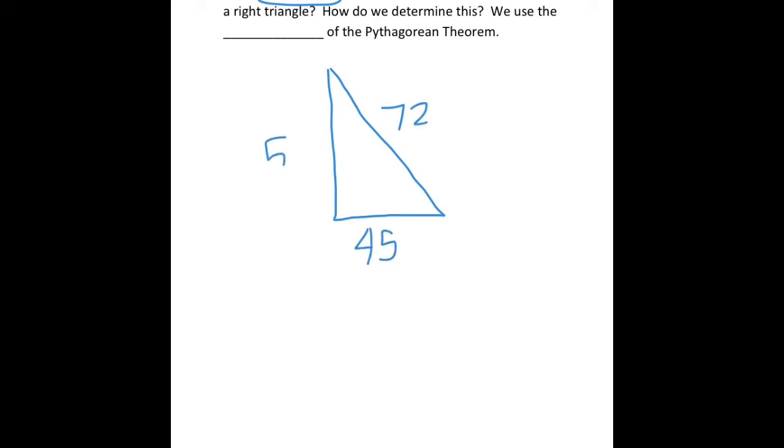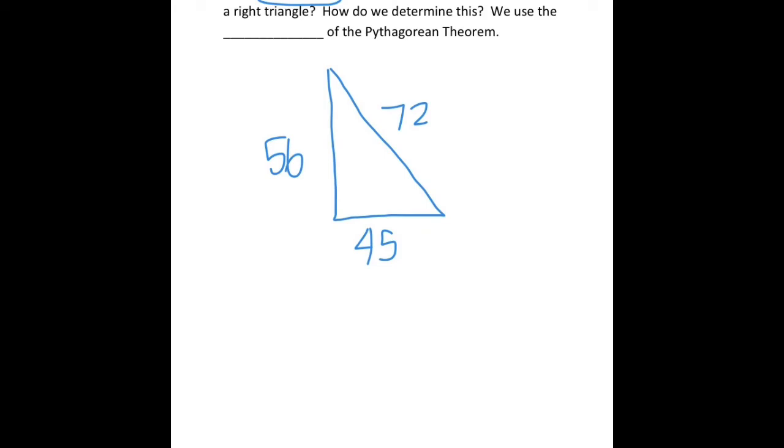All right, the next question is the distance between three cities on a map are 45 miles, 56, and 72. So the first thing that I'm going to do is just sketch a right triangle because it asks how we can use the Pythagorean theorem. So remember that the largest measurement is going to be the hypotenuse, and then the other two measurements will be the legs.